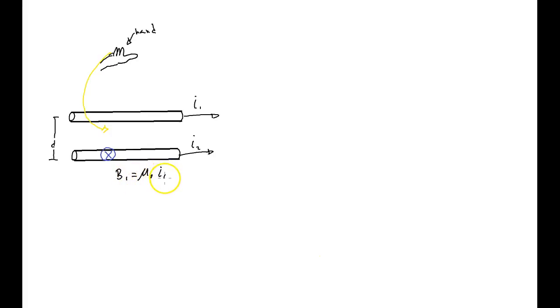Oh, wait a minute, that's for the loop. What's the magnetic field for a long straight wire? B1 is equal to, for B for a straight wire, mu sub 0 I divided by 2 pi r.